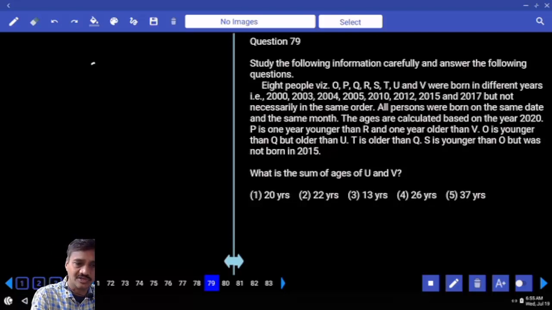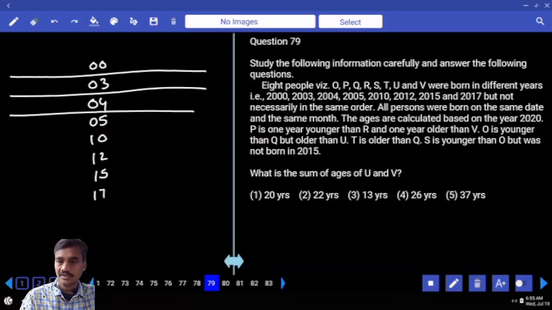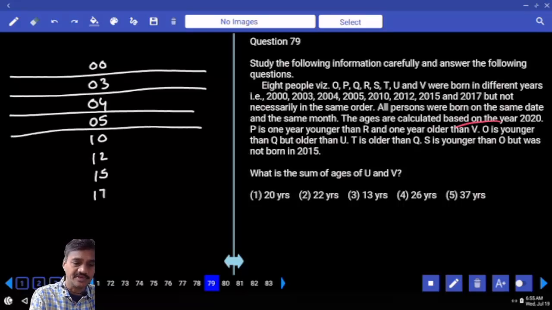The years were given, 2000, so first we need to write down the years in ascending order: 2000, 2004, 2005, 2010, 2012, 2015, 2017. All persons were born on the same date and same month, and the ages were calculated based on the year 2020. The base year was 2020.